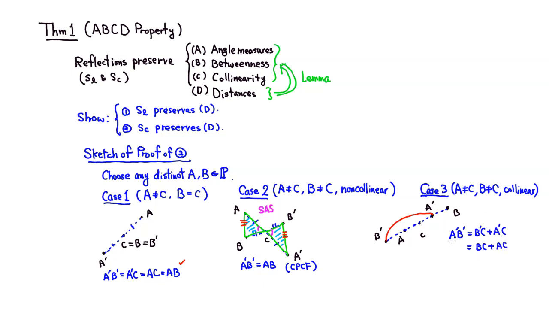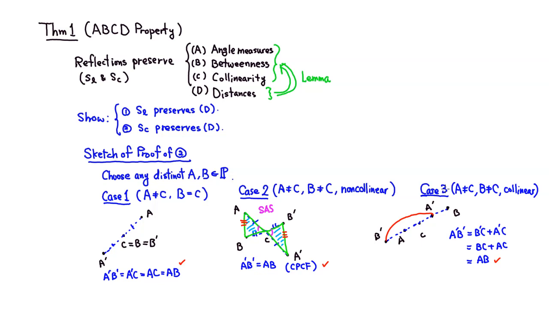So you have BC plus AC is the same thing as AB. So then we're done. We checked all three. Of course, you have a different betweenness condition, but you can do that with a very similar argument.